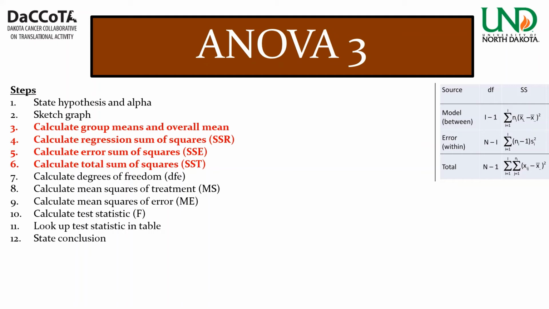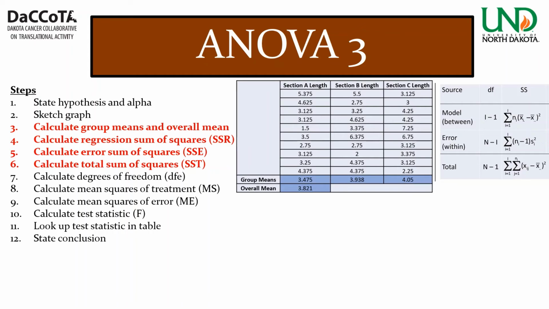Just a reminder here for our sums of squares what the equations are going to be. We're going to get our group means and overall mean by summing these up across the groups and dividing by 10 and getting the group means here. And then of course doing that for all of them at once to get the overall mean.